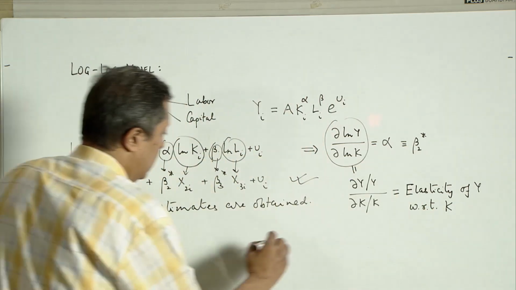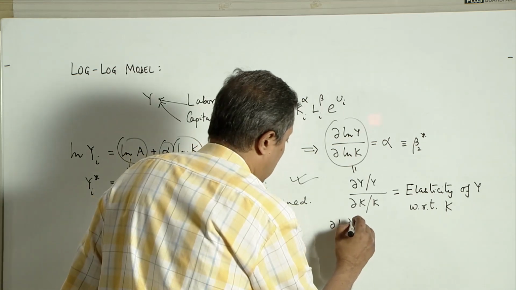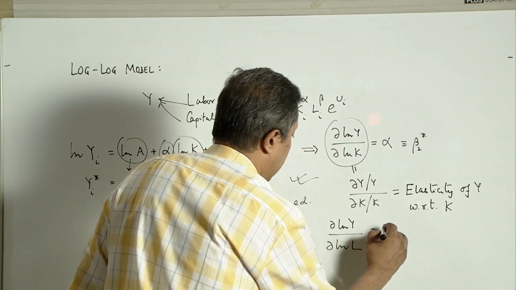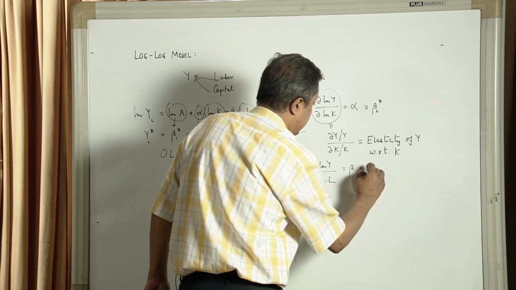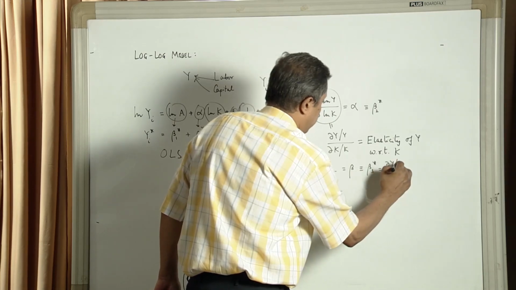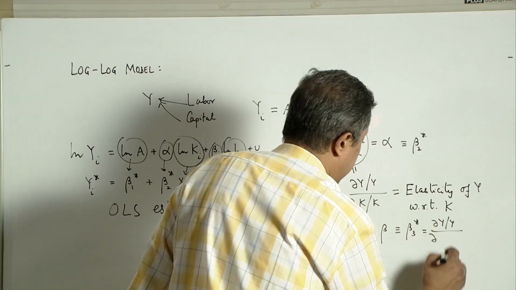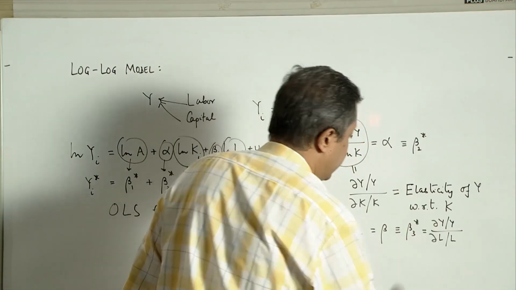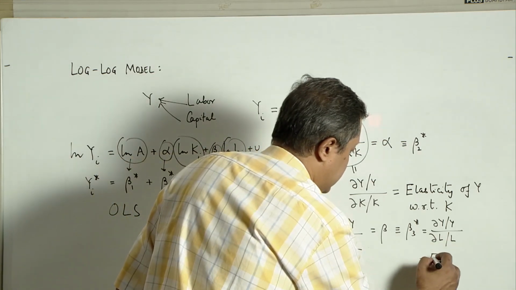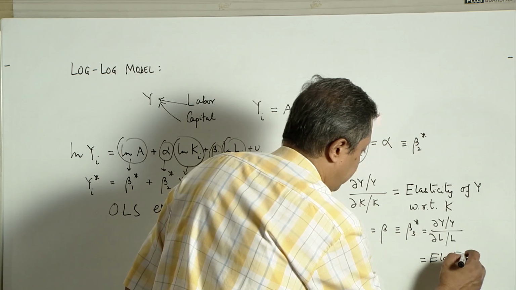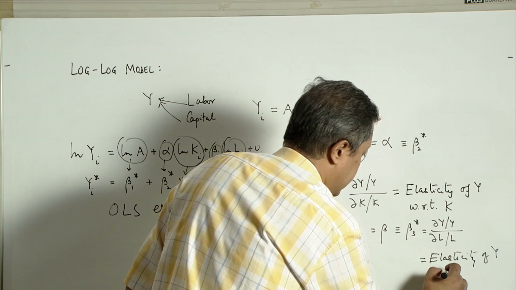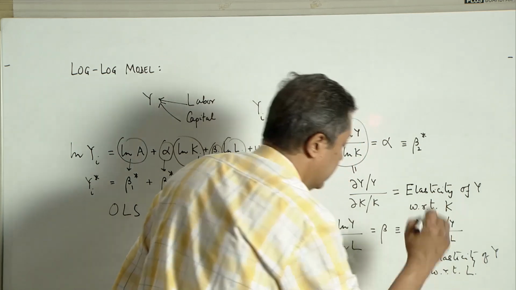Similarly, del log y by del log L, which is beta, or here defined as beta 3 star, is equal to the ratio of percentage change in output to percentage change in labor input, and that is defined as elasticity of output y with respect to labor.